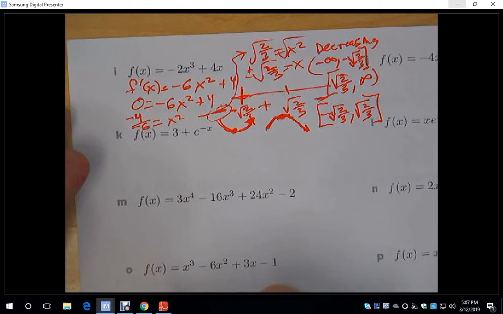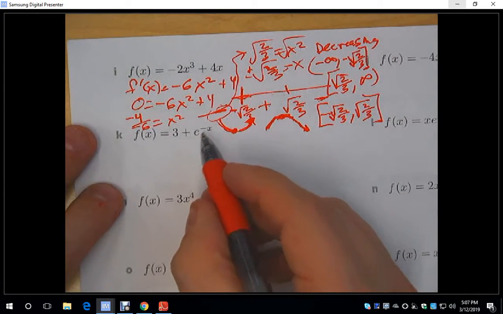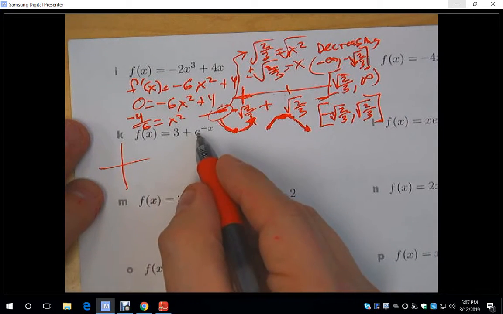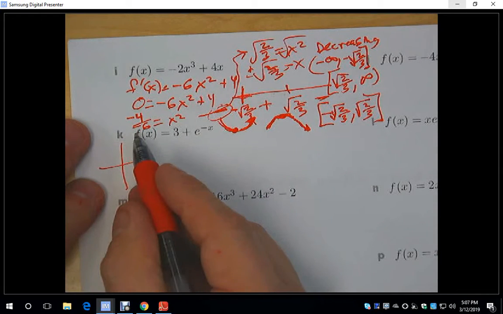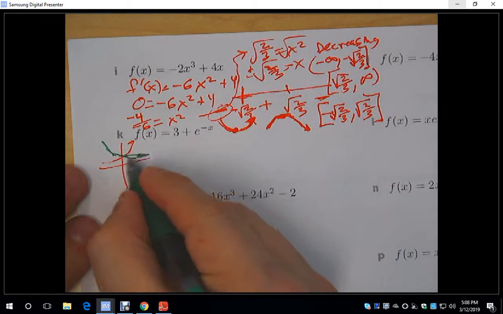So let's do another one. We could actually graph this using our transformations. Because this is e to the power of negative x, that's a reflection across the y-axis. So what used to be this here is going to now become this here. And then it's plus 3. It means the graph is going to go up 1, 2, 3 units.